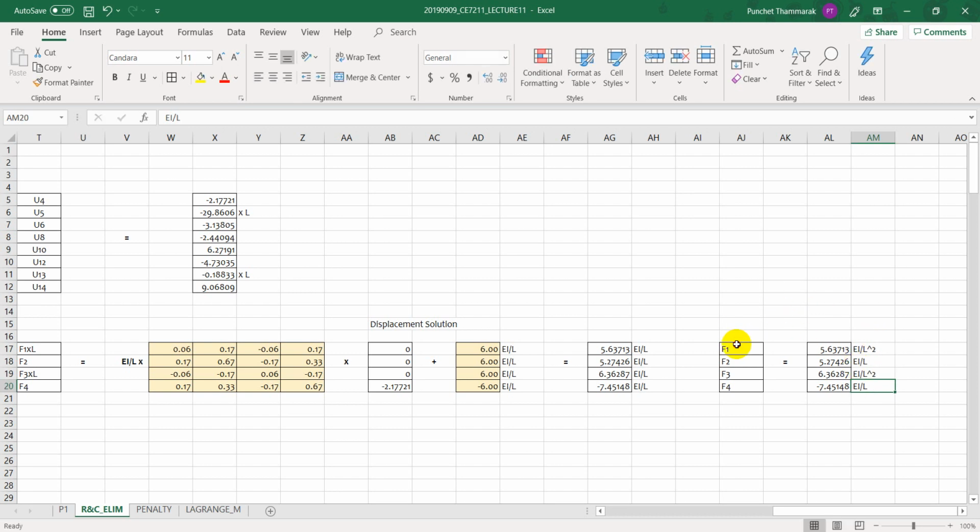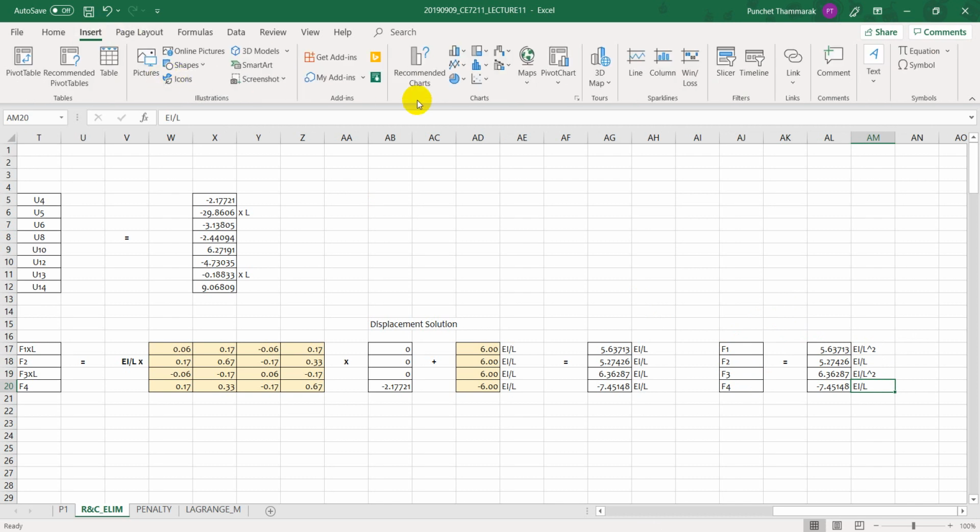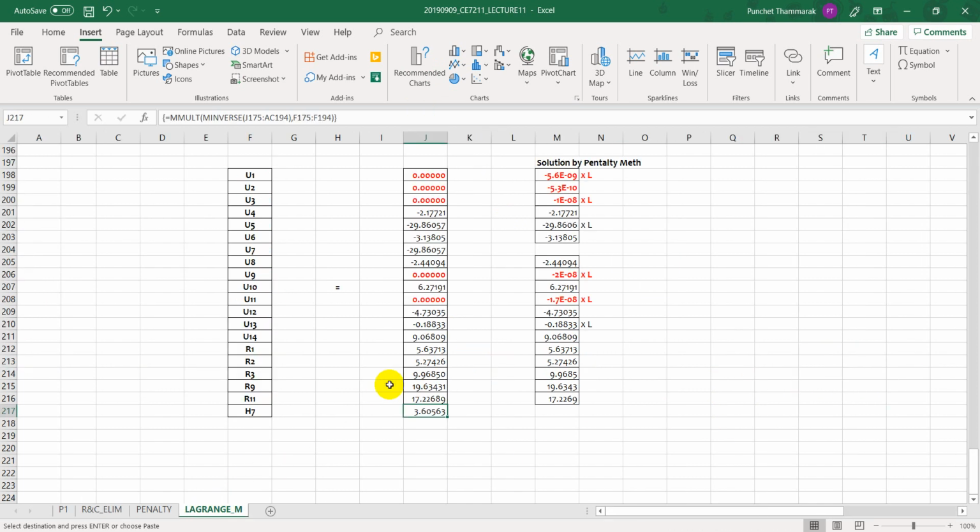Force turns out to be in the force unit. This is in moment unit, force and moment. So we can write this down. Well, first of all, maybe it's a good idea to do a little check if it is consistent with the others. We can come here, right? Lagrange.